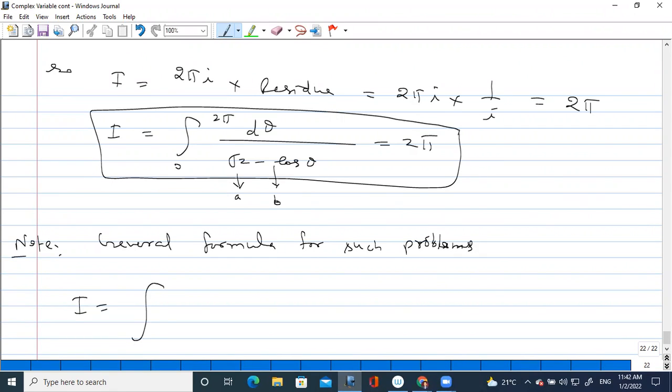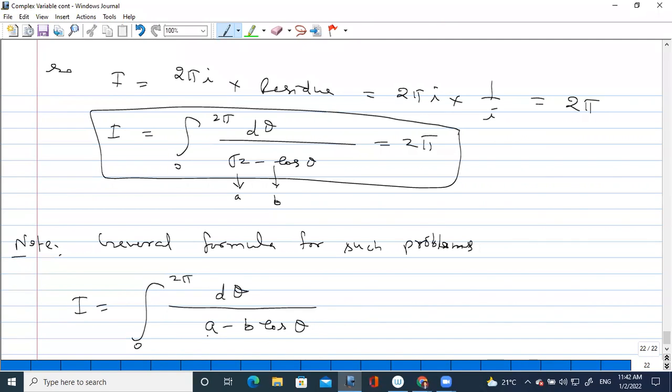If integral is of the type 0 to 2 pi, you have to mind it that only for this type of problem you can apply it quickly, and many times this type of problem comes because in the exam very less time we have for such problem, and it is time consuming. The form is 0 to 2 pi d theta upon a minus b cos theta.